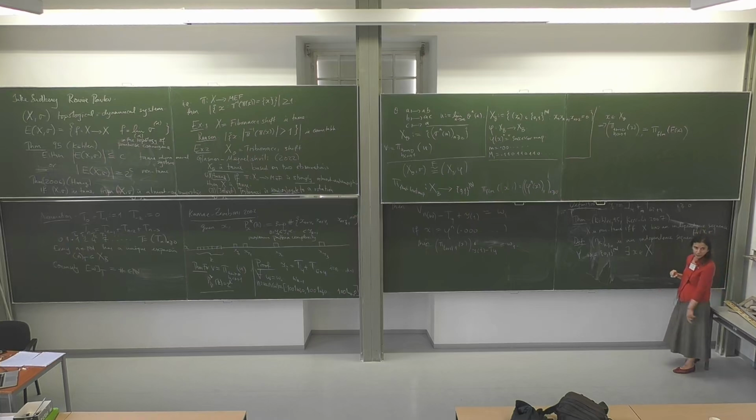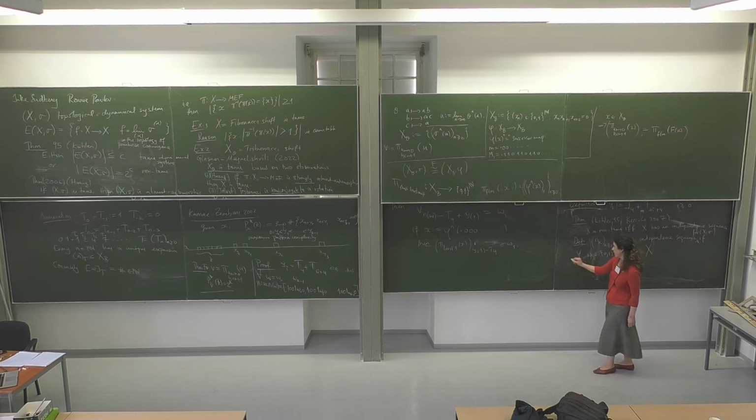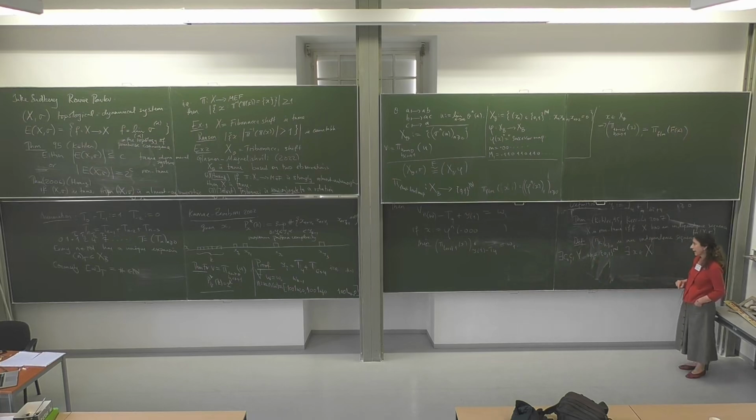I can find the point, and I'm just going to state it for shifts now. There exist two cylinder sets. There exists an x such that x n_k is equal to w_k.